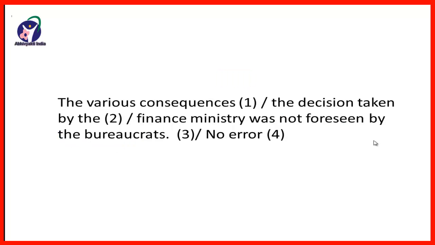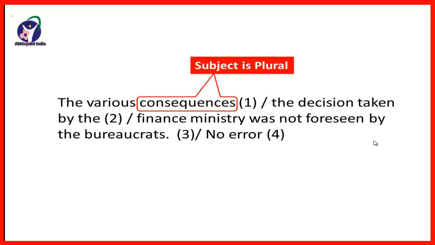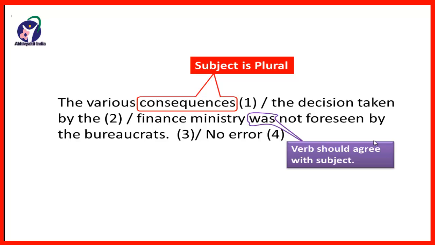Next sentence is: the various consequences the decision taken by the finance ministry was not foreseen by the bureaucrats. Here in the sentence, consequences is a plural subject, and therefore the verb should agree with the subject.